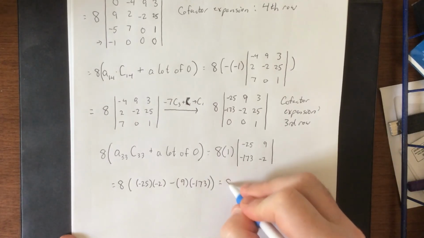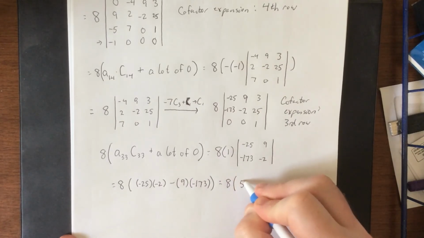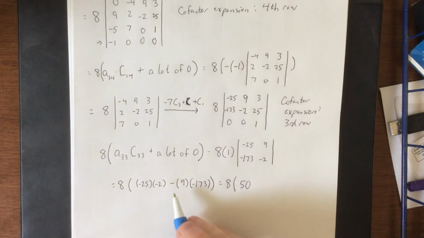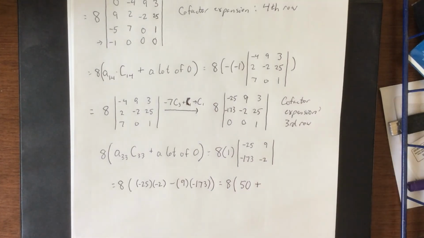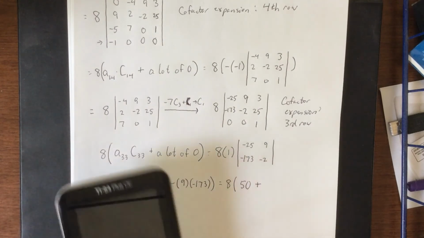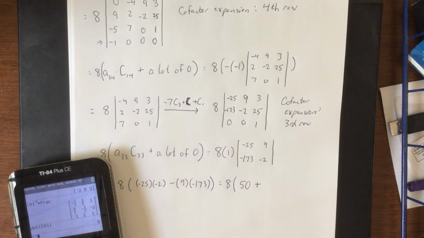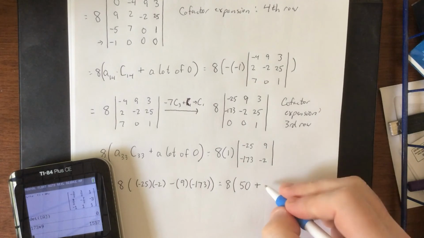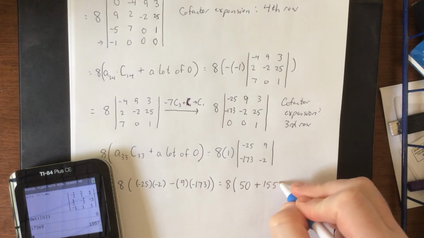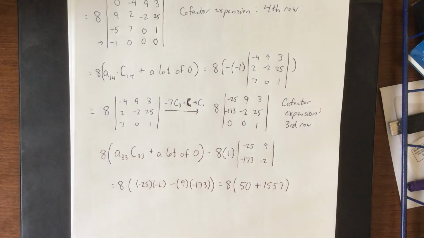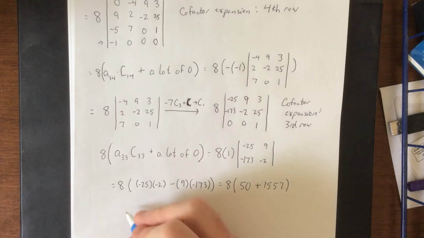So that'll be 8 times 50. Let's see, minus a negative, that'll be plus. And there's absolutely no way that I'm planning on turning to a calculator for this. Well, obviously this is 1,557, which I totally got without using a calculator.